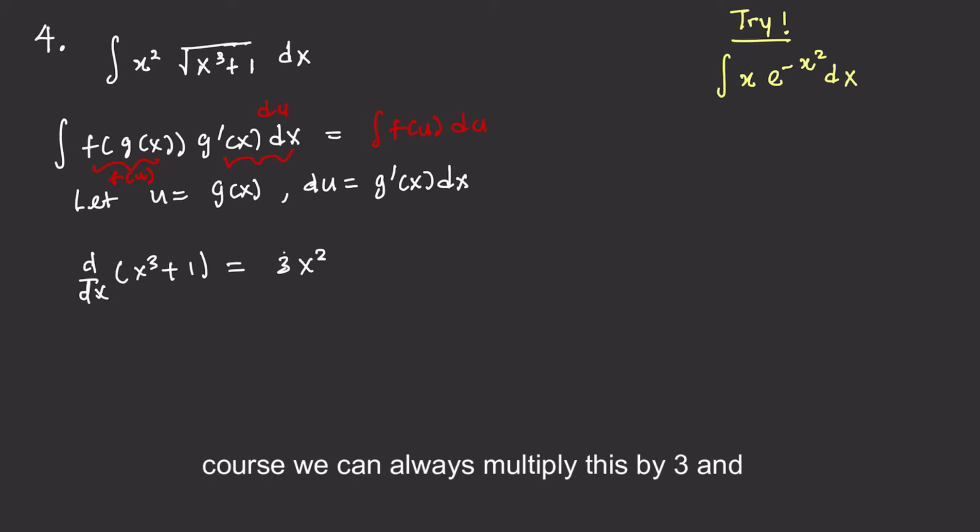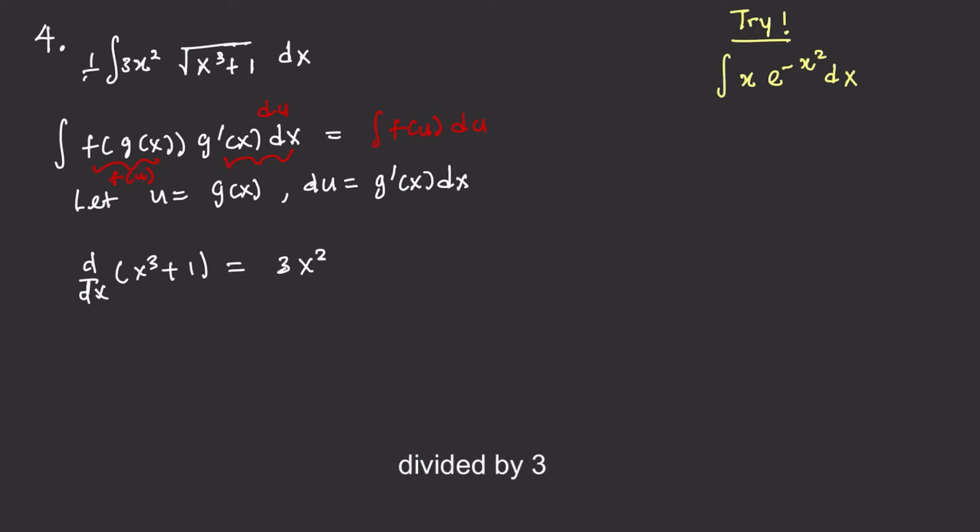Of course, we can always multiply this by 3 and divide it by 3. It doesn't change anything. So the idea is that anytime you have a function of a function like this, and you have the derivative of g of x, which in this case is just x to the power of 3 plus 1, popping outside. Here we have this to be 3x squared. That's when I know that I'm supposed to use integration by substitution.